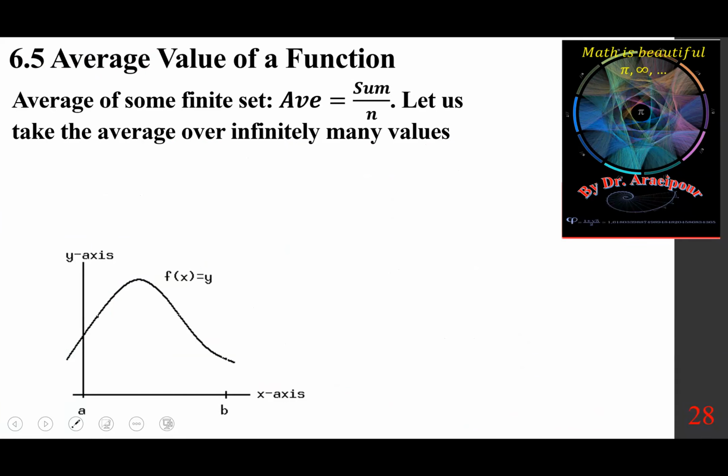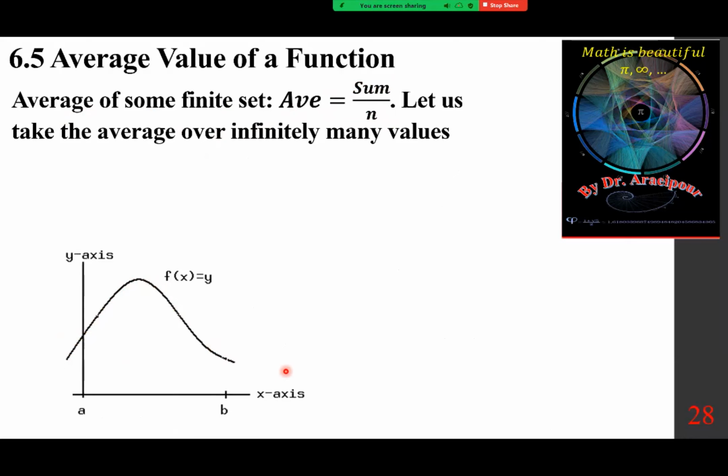All right, the last topic is the average value of a function. I'm reminding you that in order to find the average, we add up the sum divided by n. That's how you find the average, right? Now let's take the average over infinitely many values. When you have a function, you have infinitely many values.